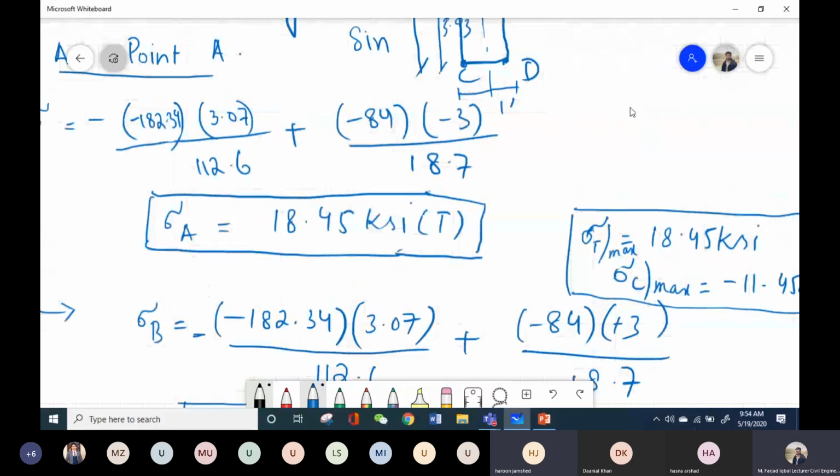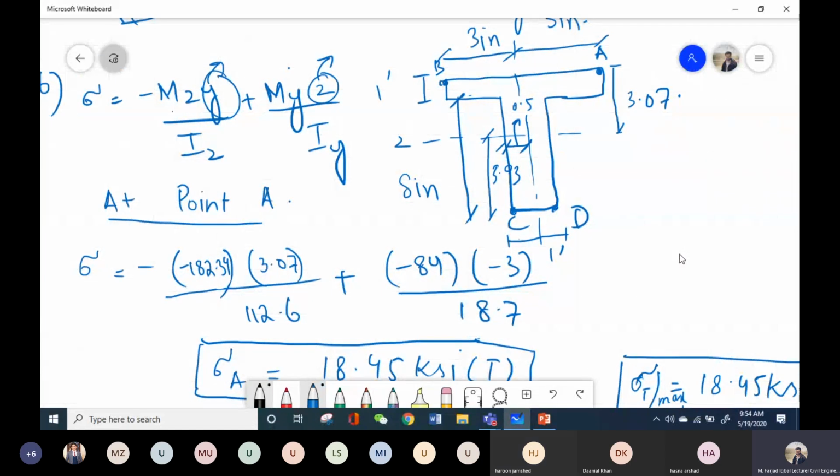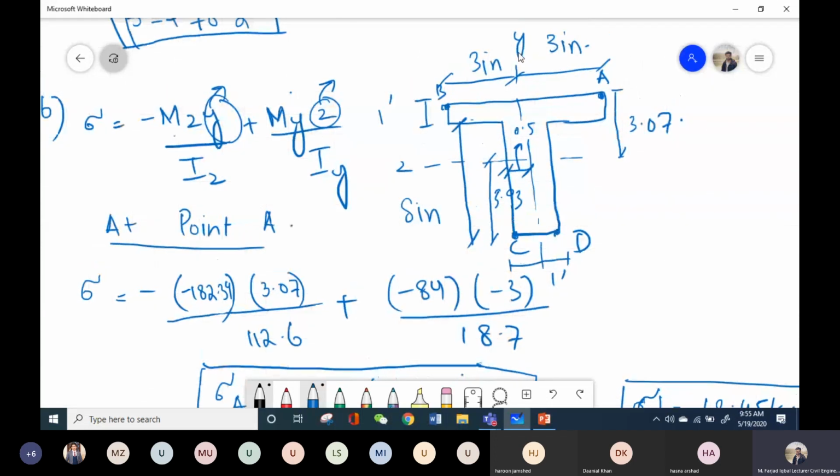Okay, for the distances, you just have to look at where your point lies. For example, firstly we did for point A. From the centroid, what is the y distance of point A? In this, we are going to use this equation. The y distance is in the positive y direction. My positive y direction is upward, and the positive z direction is on the left side.